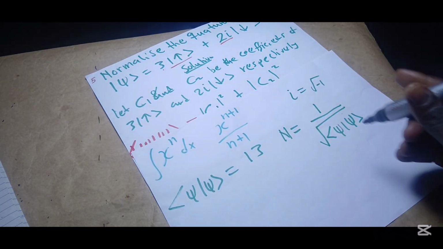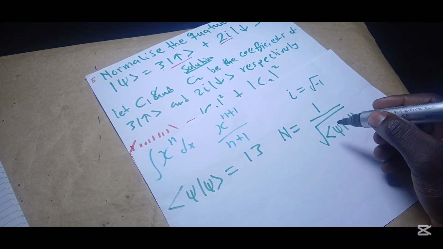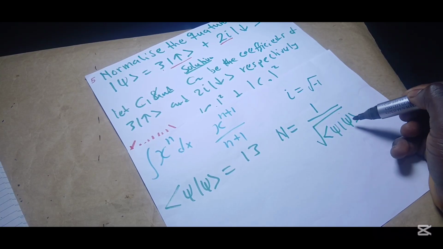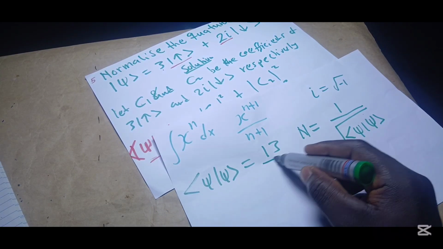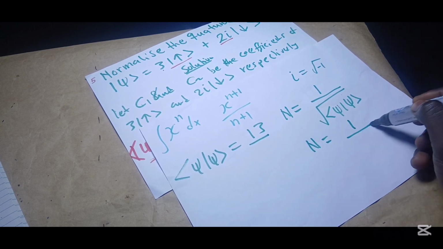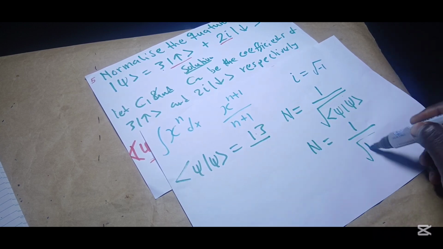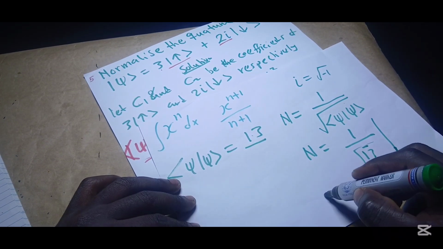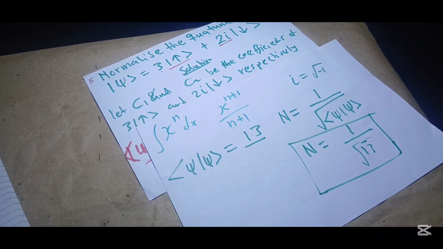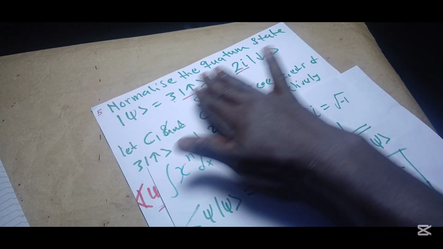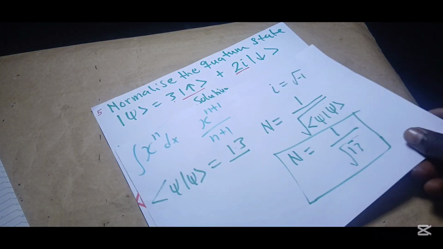Then the second step, you calculate the normalization constant, equal to 1 over the square root of the norm. So our norm is 13, and the normalization constant is 1 over the square root of 13. The last step is to multiply the normalization constant throughout the given state. So let's do that.